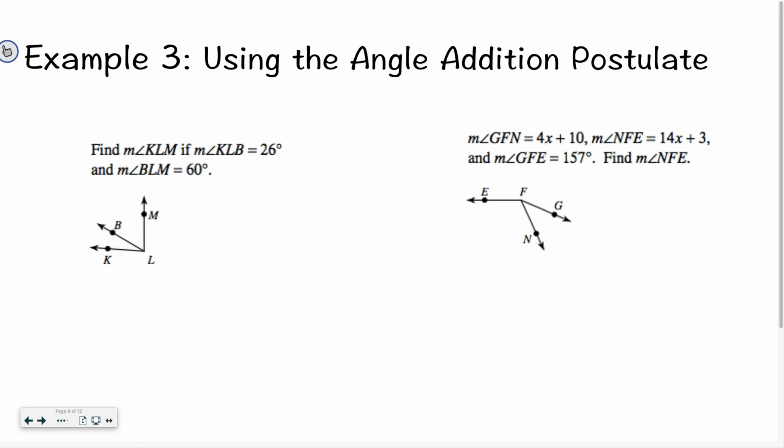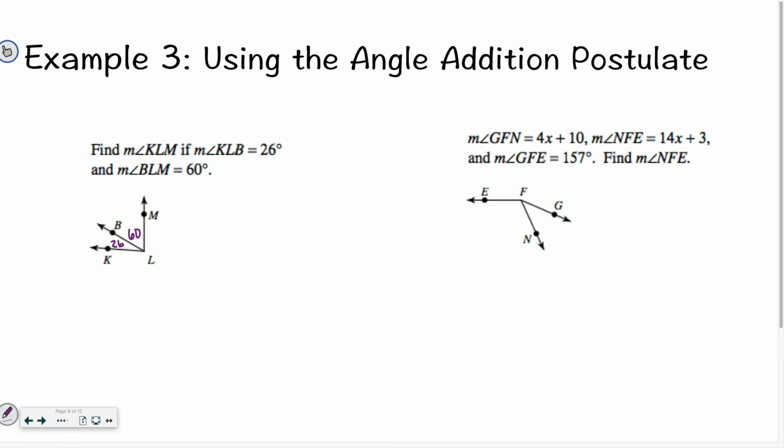Alright, example 3, using the angle addition postulate. So we want to find the measure of angle KLM if the measure of angle KLB equals 26 and the measure of angle BLM equals 60. So KLB is 26 and BLM is 60. This is the same idea as the segment addition postulate, but this time we're using angles.